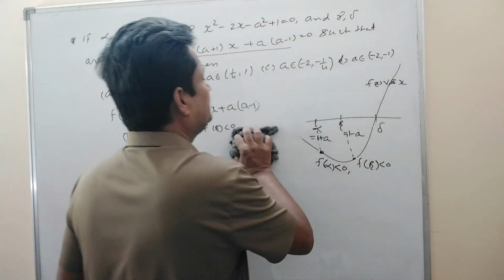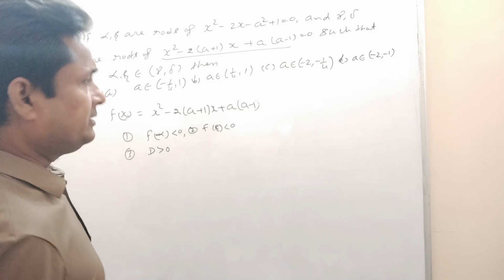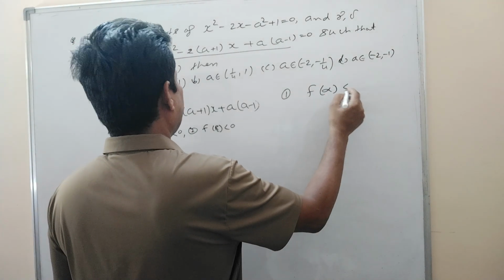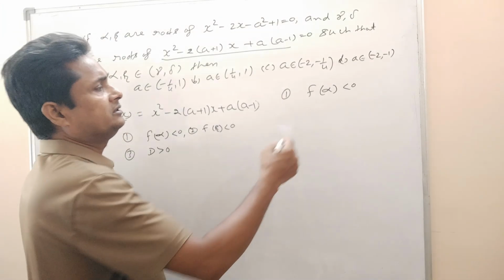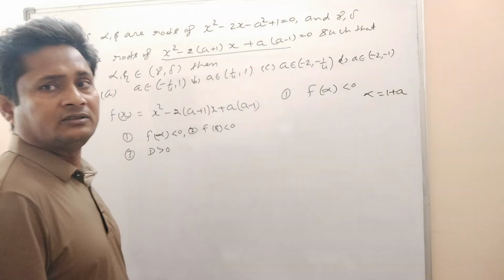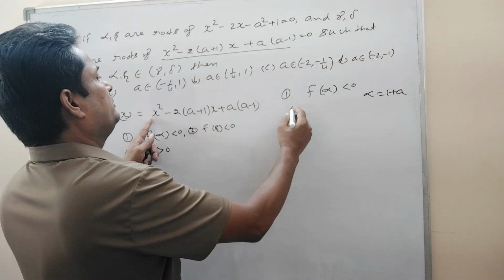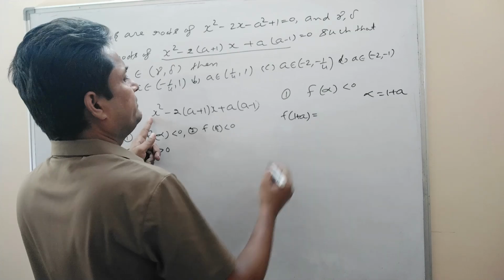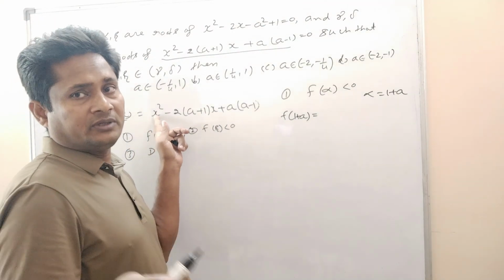Now apply the conditions and solve. How will you solve this one? First of all, first condition, f(alpha) will be less than 0. Alpha is 1 plus a, we have taken 1 plus a. So f(x) is this one. In place of x, substitute 1 plus a.